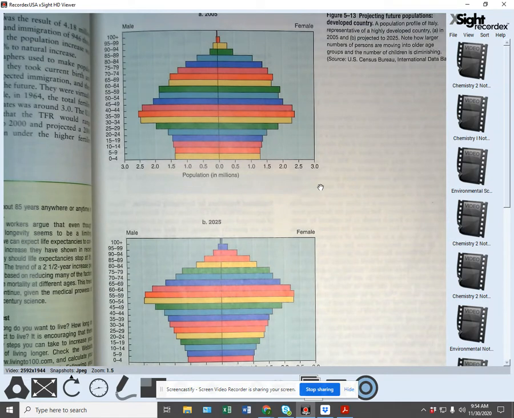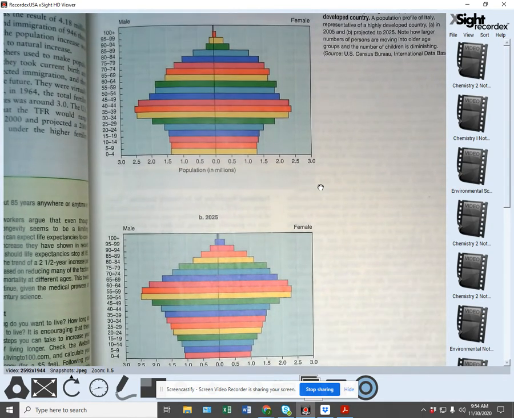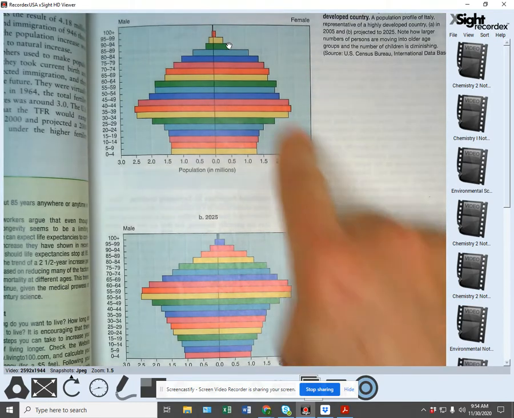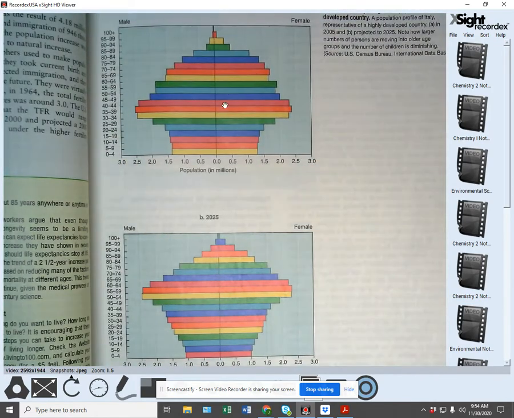Most of your high and upper middle categories would probably fall into this category. The population profiles look sort of like this, where typically they've got a larger population in the middle.